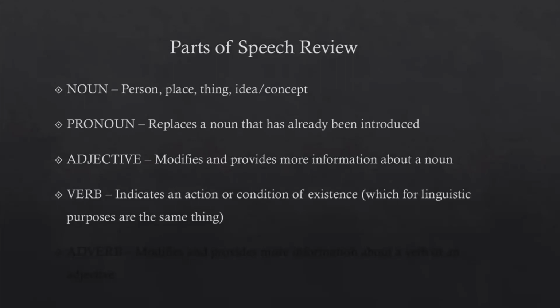Verbs, then, the other half of the sentence, right? These indicate action, condition of existence, which for linguistic purposes is the same thing. Again, in order to have a sentence, you have to have at least one noun and one verb, an actor and an action.